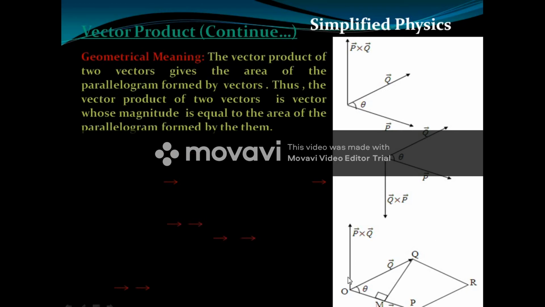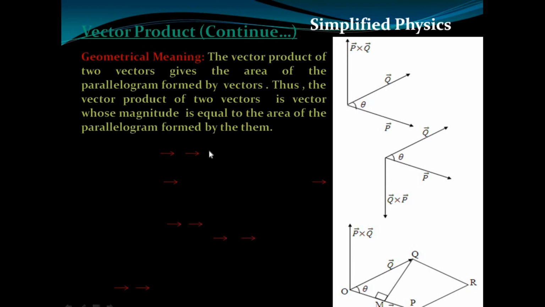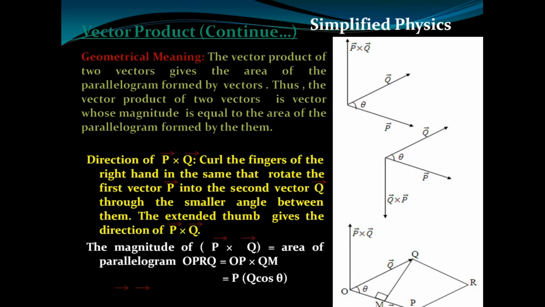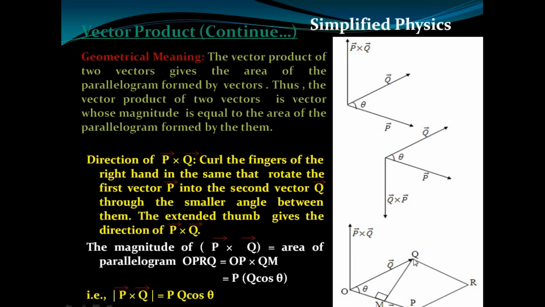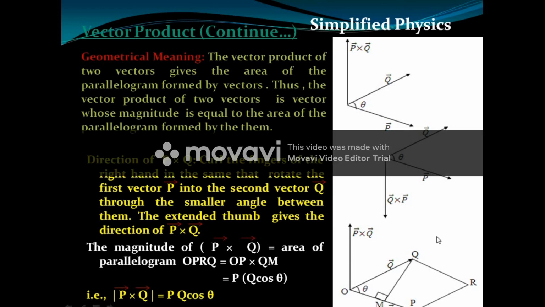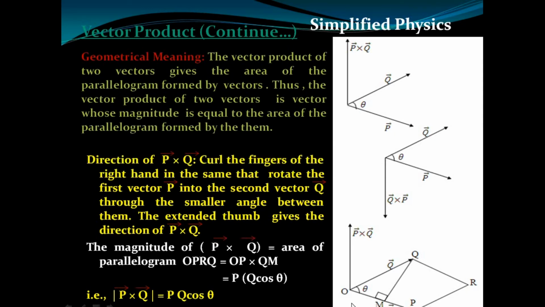Let's begin with the magnitude of p cross q, which equals pq sin theta. The area of the parallelogram is simply perpendicular height QM times base. Looking at triangle OQM, QM equals q sin theta, and the base OP equals p vector, so this gives the area of the parallelogram.